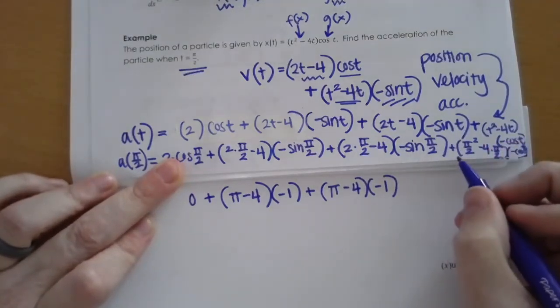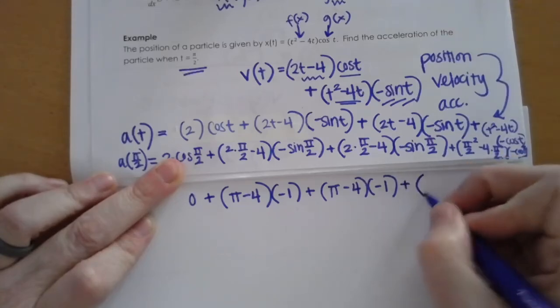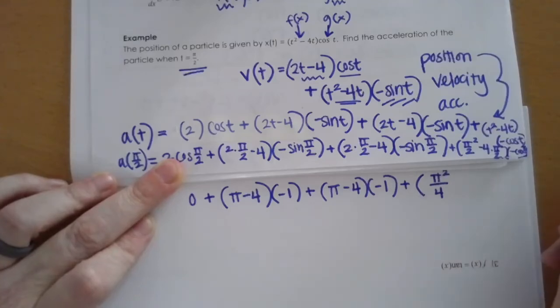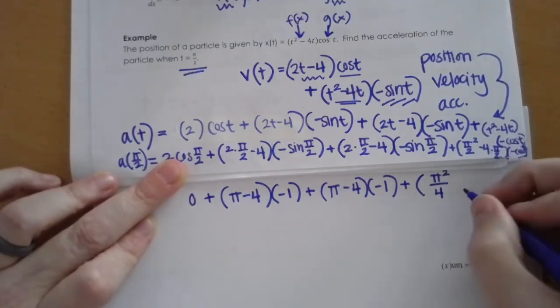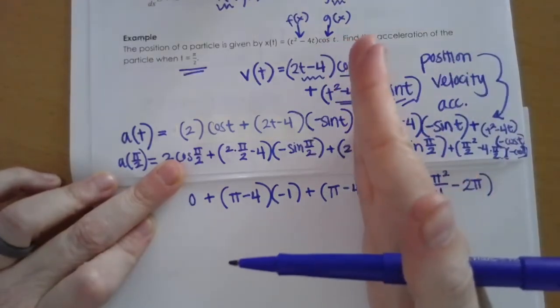And then right here, pi over 2 squared, well, that's pi squared over 4, if we square both of those, minus 4 times pi over 2, that would be minus 2 pi. But then we're going to multiply that by negative cosine pi over 2. And cosine of pi over 2, well, that's 0.